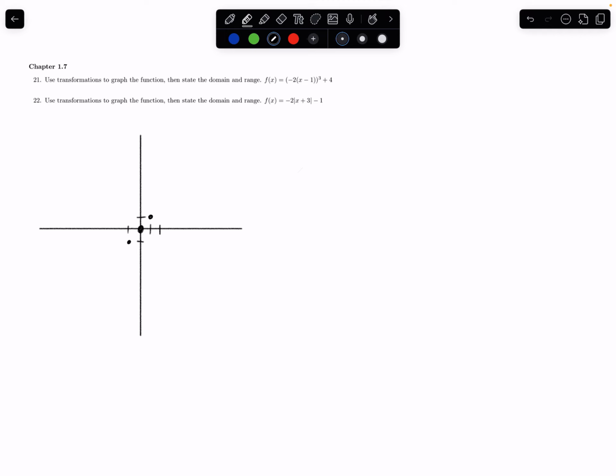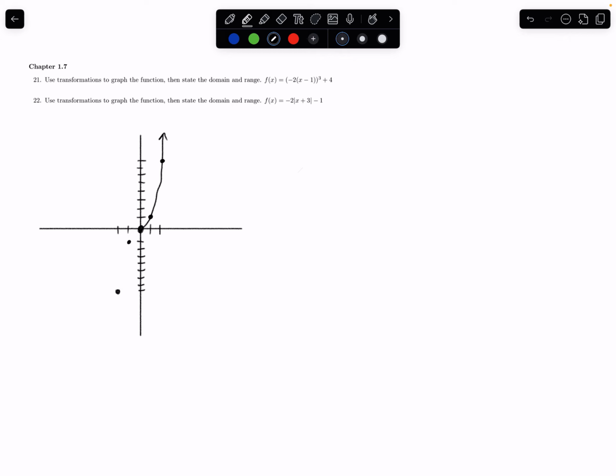If I cube 2, 2 cubed is 8, right? 2, 4, 8. So 1, 2, 3, 4, 5, 6, 7, 8, somewhere over there. And then on the bottom side, -2, and then 1, 2, 3, 4, 5, 6, 7, 8. So this is the original function graph.